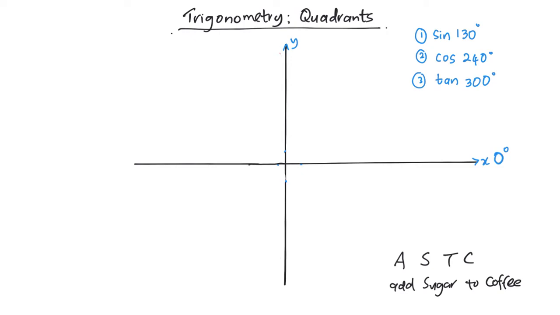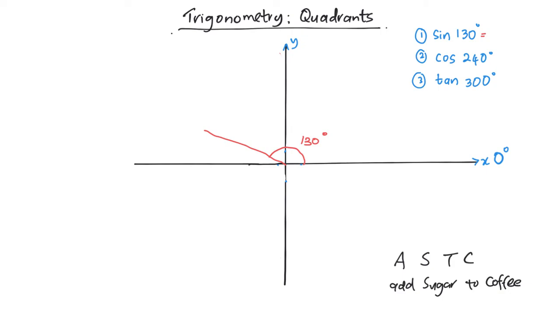Okay, sine 130 degrees, where will that be located? So we know this is 0, 130 degrees will be there in the second quadrant. Okay, this will be 130 degrees. And we know add sugar to coffee. This angle lies in the second quadrant, and sine in the second quadrant will be positive. Okay, and when we find this angle, we actually find the reference angle for this.